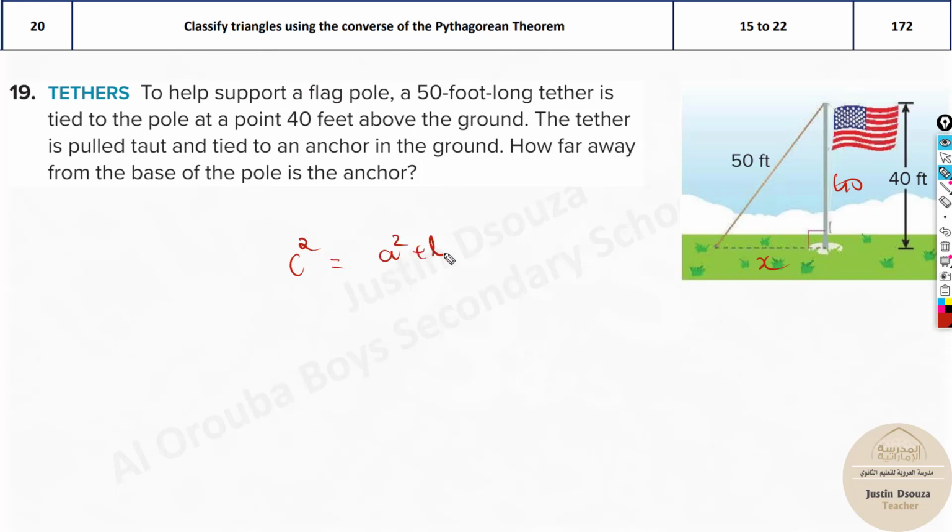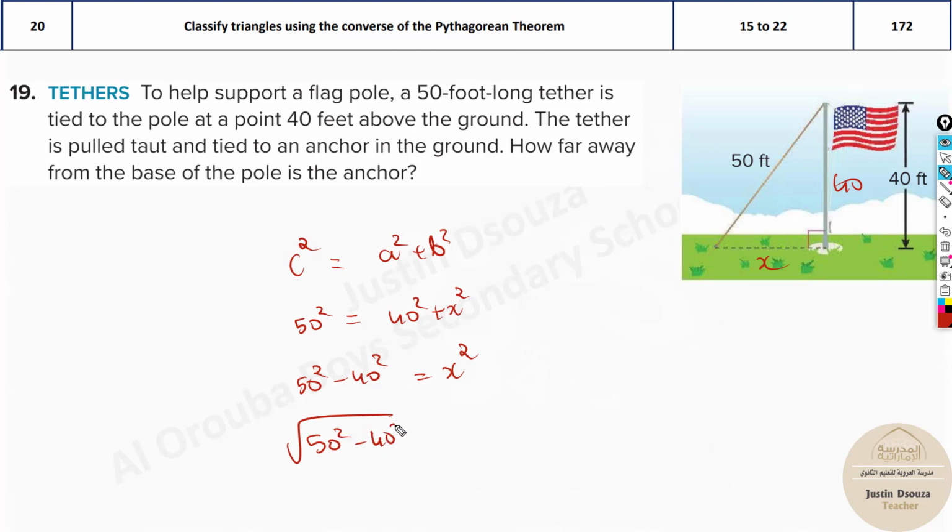c square equals a square plus b square. What is the c square value? It's 50 square. That will be equal to 40 square plus x square. Don't put it directly in the calculator because it's a written exam. You need to write in detail. Now take this to the other side. It will be 50 square minus 40 square equals x square. Now you need to take the square root of this.